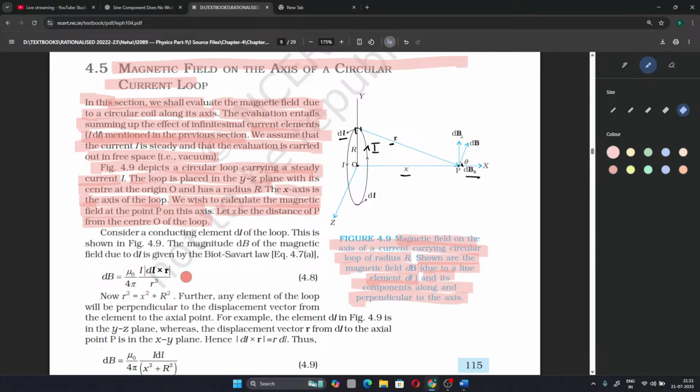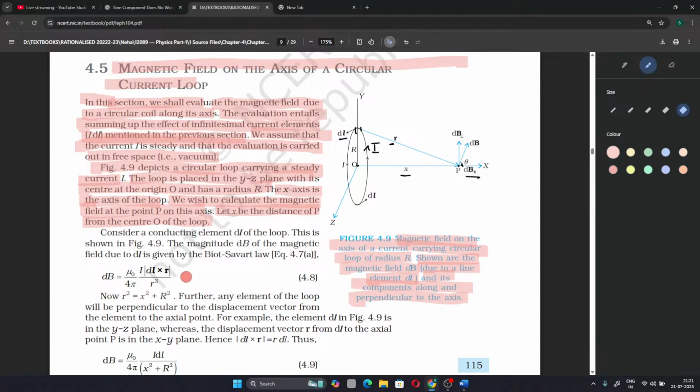They're saying the magnetic field due to a circular coil along its axis is what we are evaluating. And this evaluation entails summing up the magnetic fields due to small current elements. We add them all up to get the net magnetic field at that point on the axis.